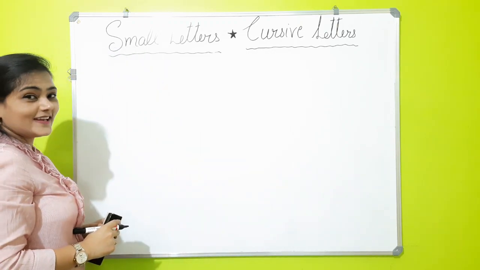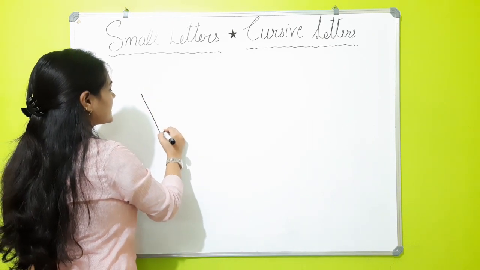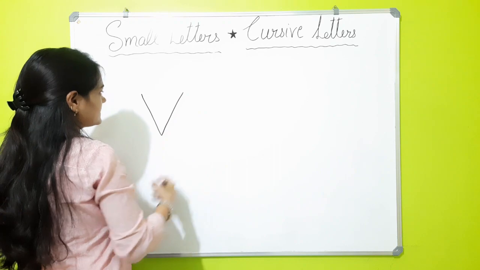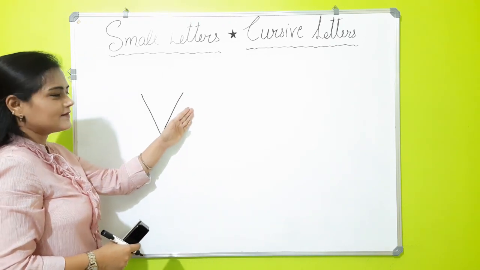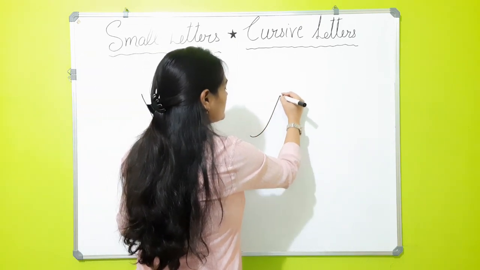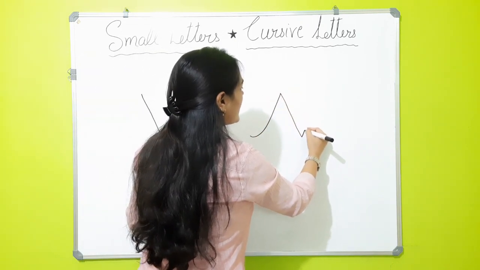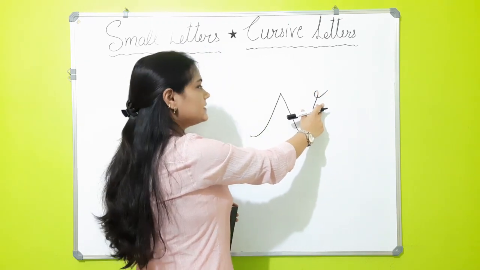Now V. Very good. V is also exactly like a capital letter, okay, but smaller in size. Fine. Now cursive letter, again we will have a tail and we'll end it with a loop. Fine.